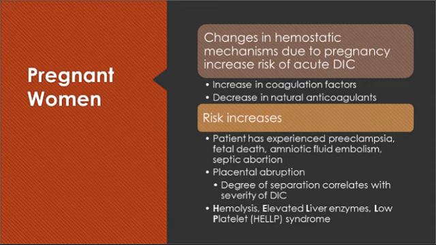Increased risk if they experience preeclampsia, fetal death, amniotic fluid embolism, and septic abortion. I put on there the HELLP syndrome, which you learned in OB. Your treatment is the replacement of blood and blood products, and they may use some anticoagulants. Management of major obstetric bleeding is like any other trauma patient.